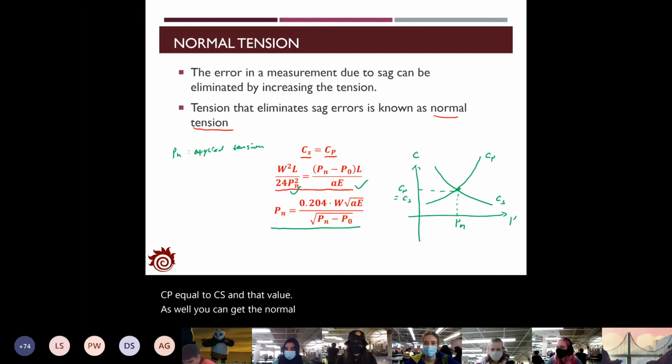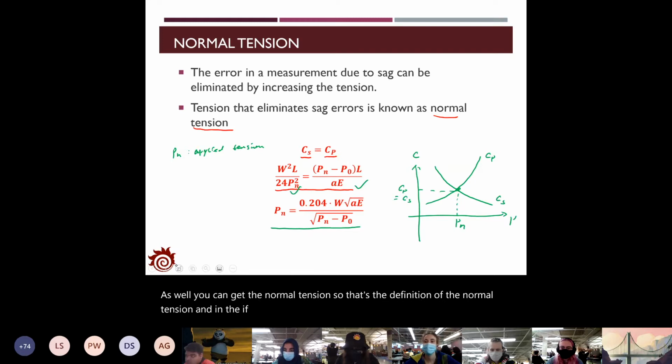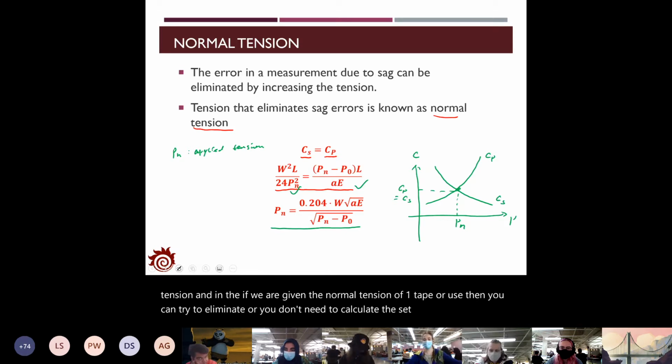So that's the definition of the normal tension. And if we are given the normal tension of one tape, then you don't need to calculate the sag correction or the tension correction.